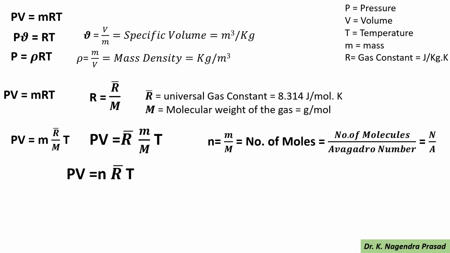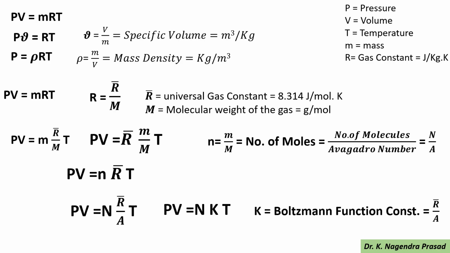So this equation can be written as PV equal to n R bar T, and n can also be written as capital N divided by capital A. So PV equal to capital N into R bar divided by capital A into T, which is equal to PV equal to NkT.